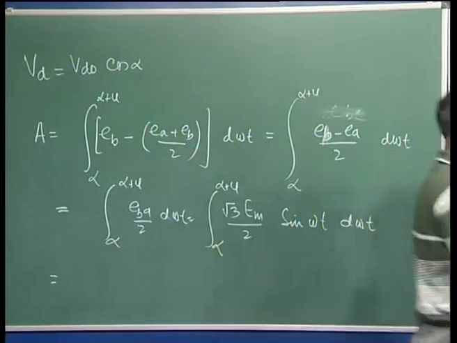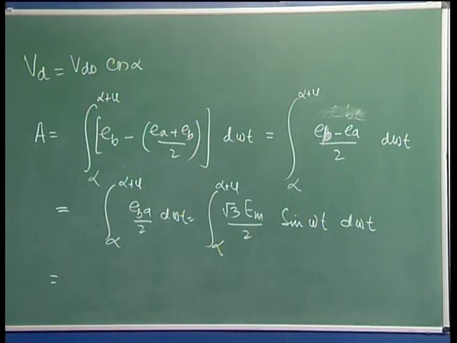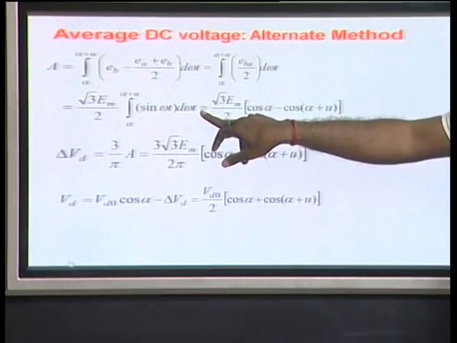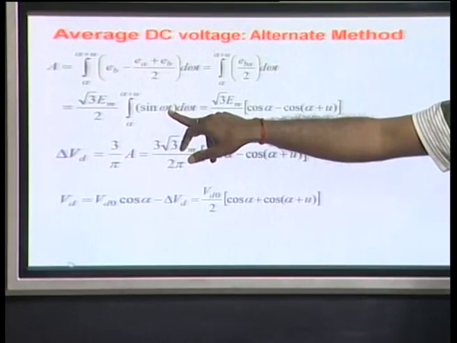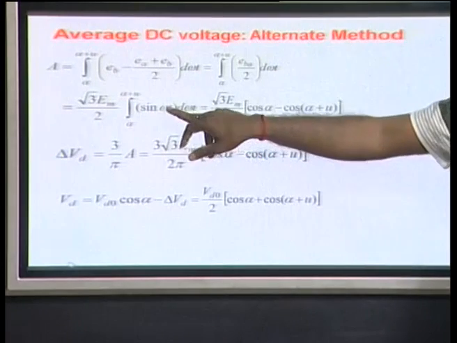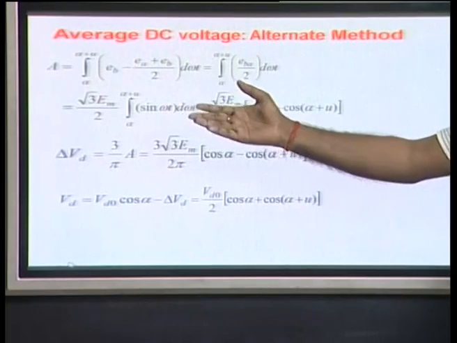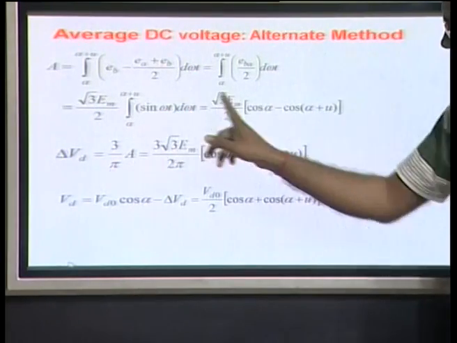So, this expression here I have already derived, and from here we got the same expression. If you are integrating this sine omega t with respect to omega t, you are going to get cos, and cos here will be minus of this, and that is why the alpha is coming first.